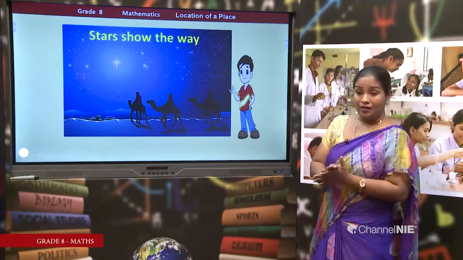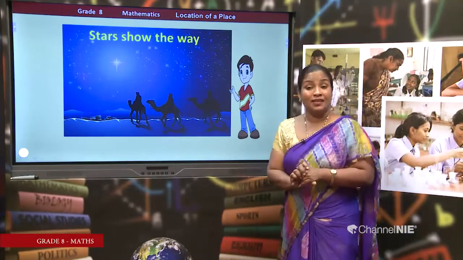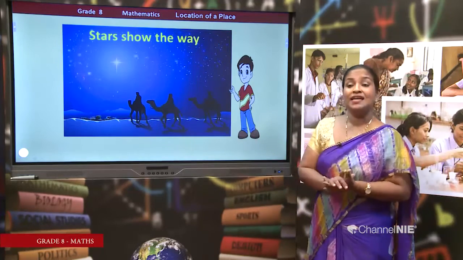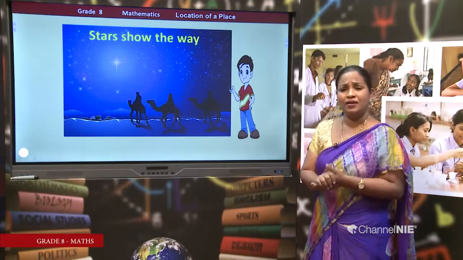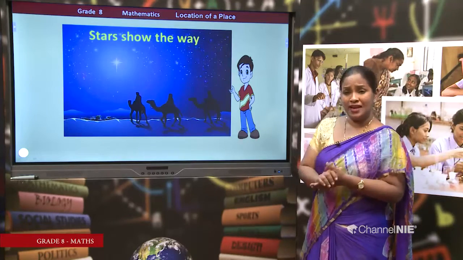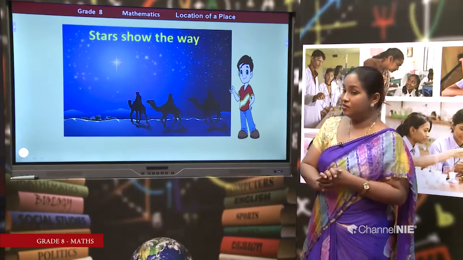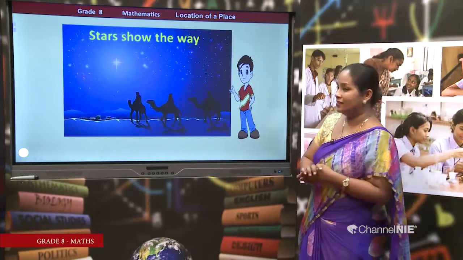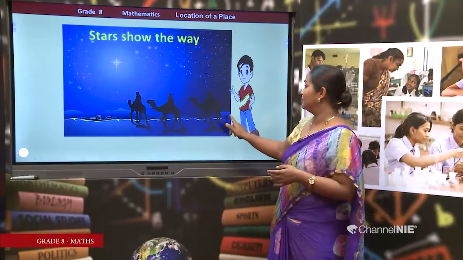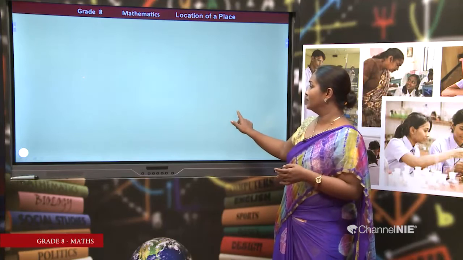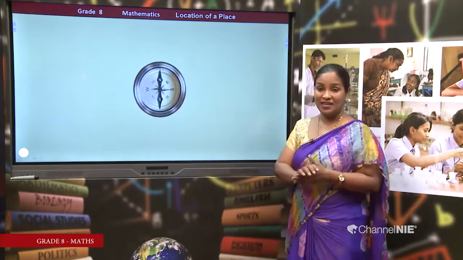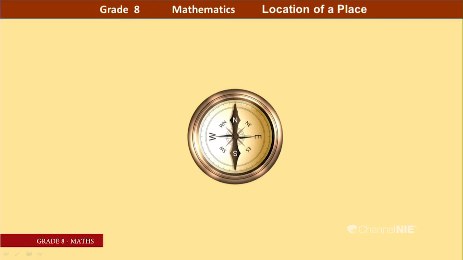Other than that, I want to discuss today's situation with you. How do you find the way or your direction? Do you use stars these days? No, you use an instrument or a small gadget like this. What is it? You know that.